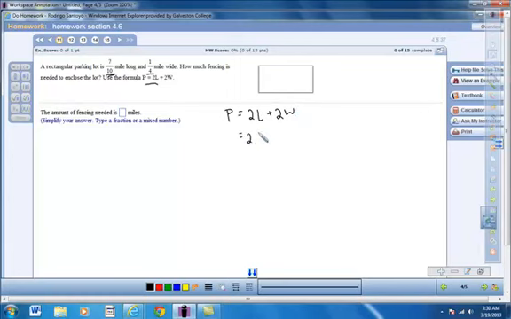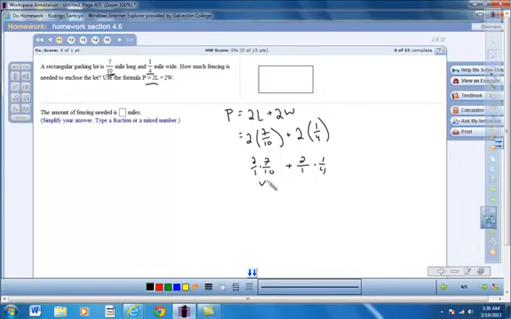So 2 times my length, which is 7 over 10, plus 2 times my width, which is 1 over 4. Remember, we can make this 2 into a fraction by putting it over 1. Same thing over here, 2 over 1 times 1/4.